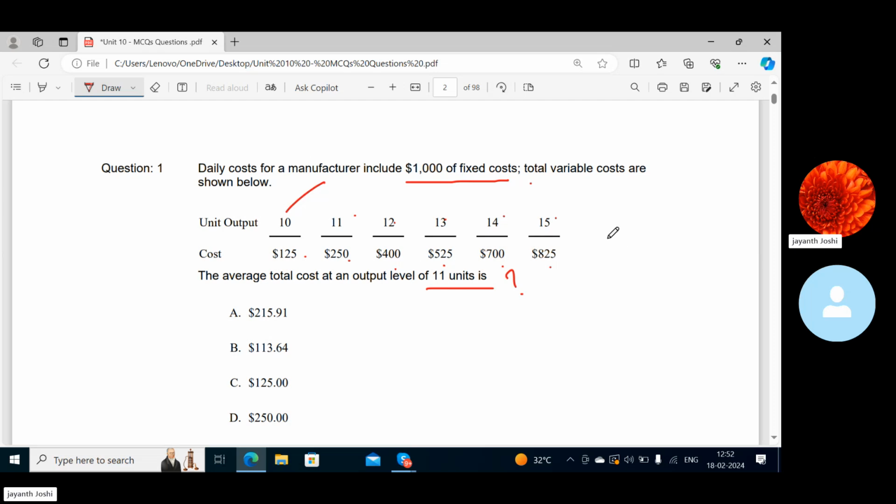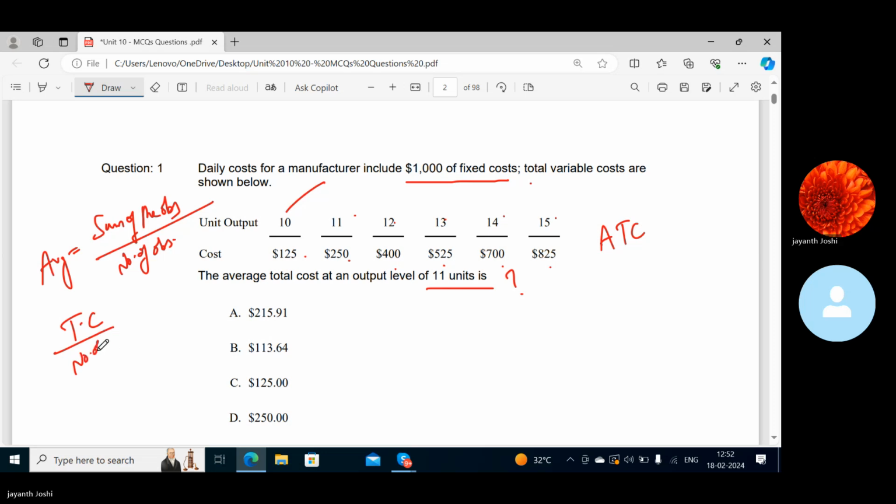So first, what is the formula for average total cost? First of all, average is the sum of the observations divided by the number of observations. So total cost divided by number of units will give you average total cost.